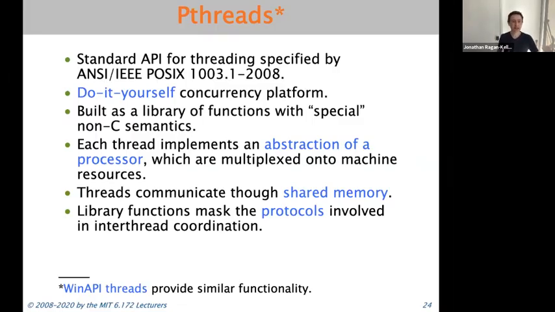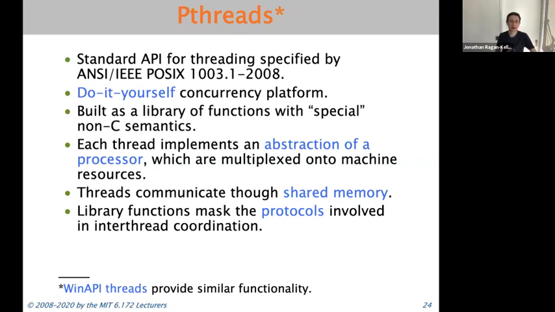It's implemented as a library of functions exported in C. But critically, those functions interact with the operating system and do clever low-level hacks at the level of machine assembly internally. So they don't have strict, simple C function call and return semantics.